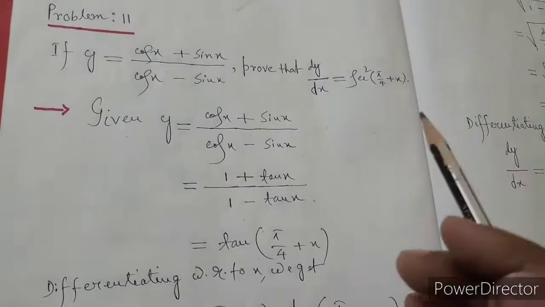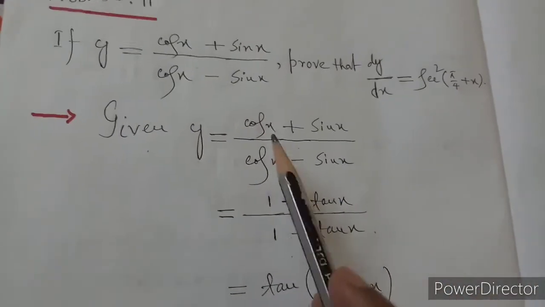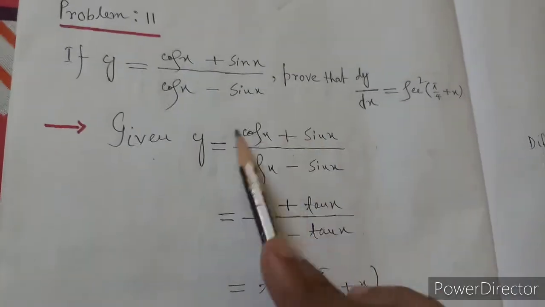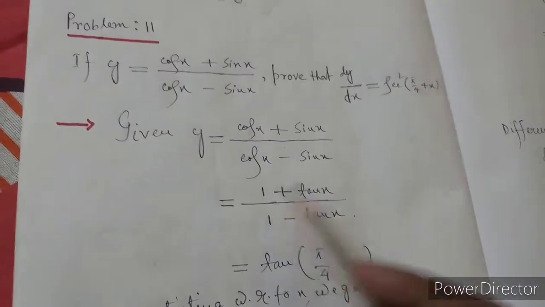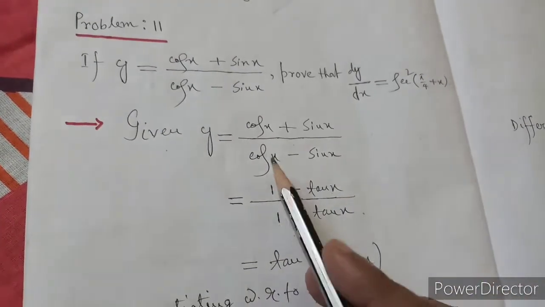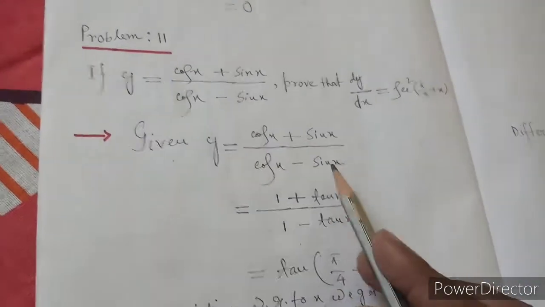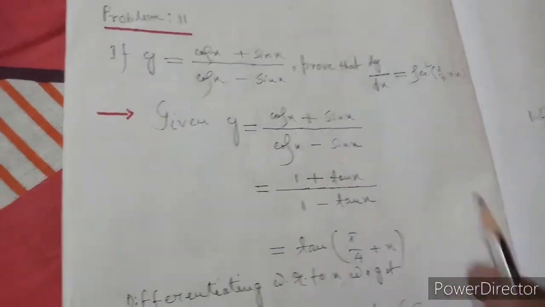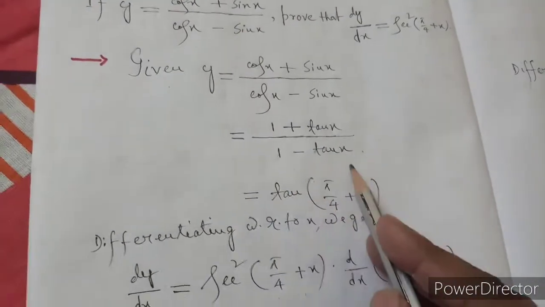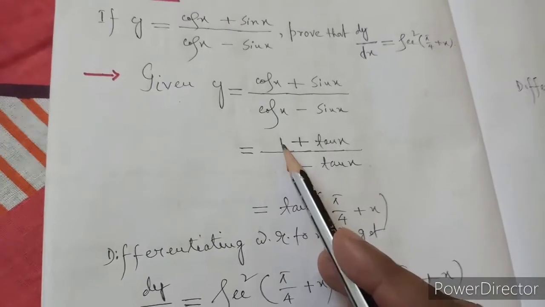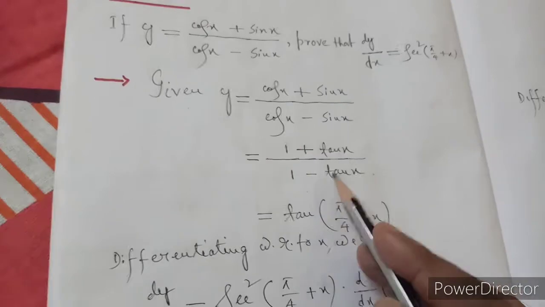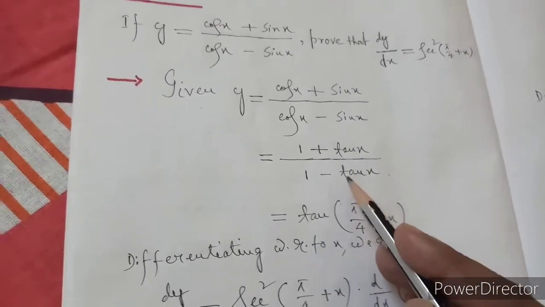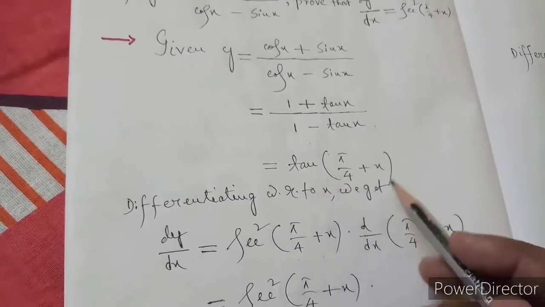Dividing both numerator and denominator by cos x: cos x by cos x is 1, sin x by cos x is tan x. So 1 plus tan x by 1 minus tan x. Instead of 1, write tan pi by 4: tan pi by 4 plus tan x by 1 minus tan pi by 4 into tan x. So this means tan of pi by 4 plus x.